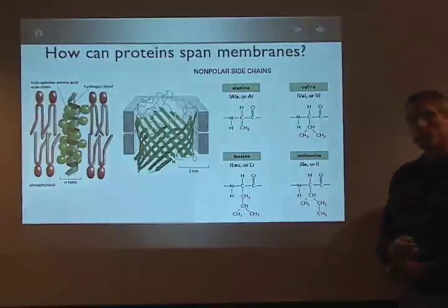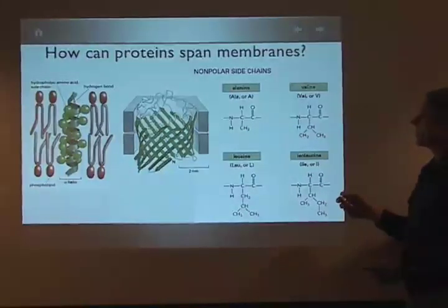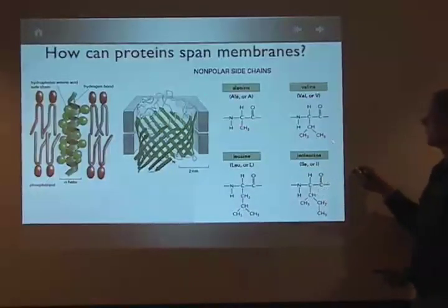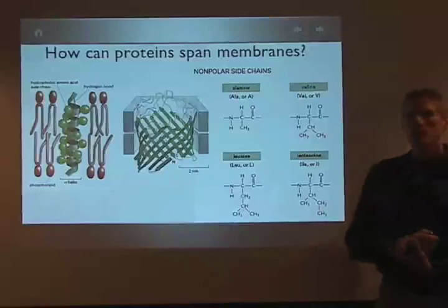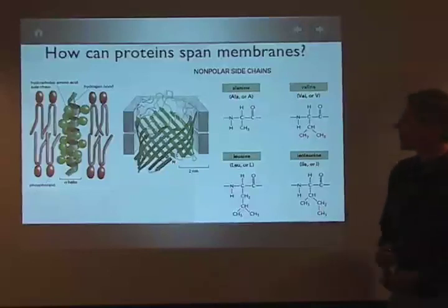An example of hydrophobic side chains is shown here. Alanine, which has a methyl group, valine, which has this structure, leucine, which is also just hydrocarbon, or isoleucine. These are all hydrocarbon side chains.